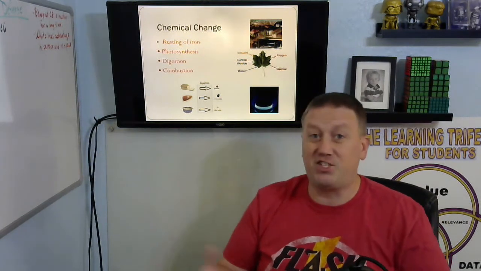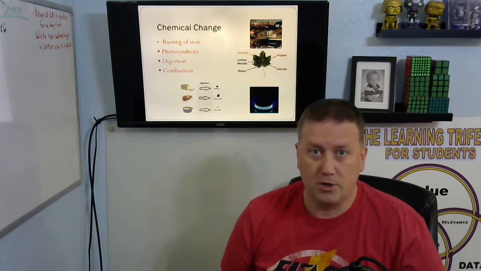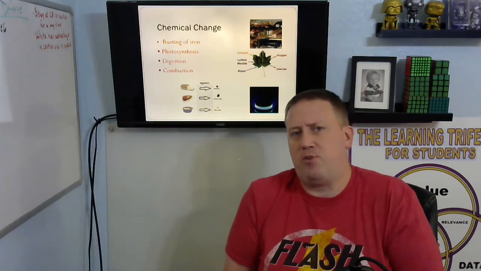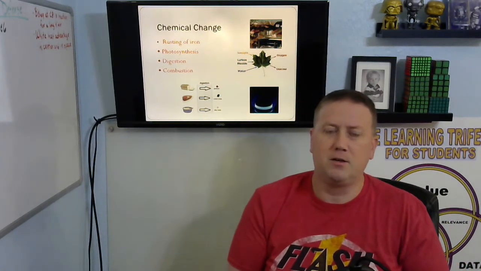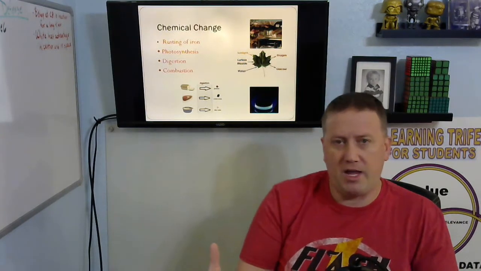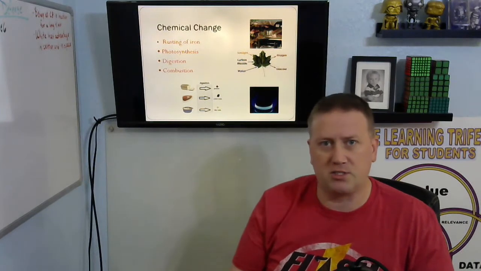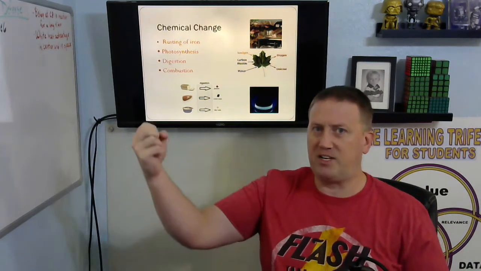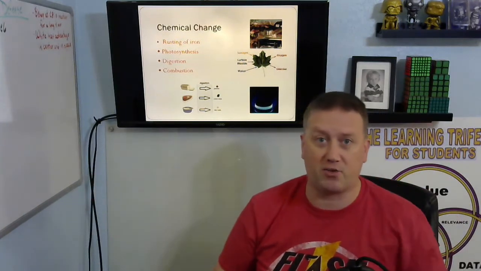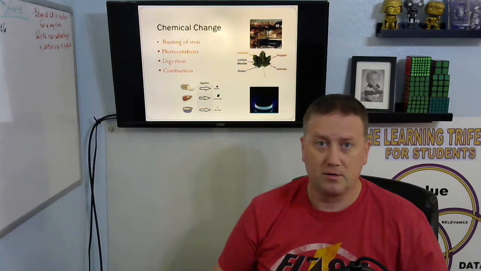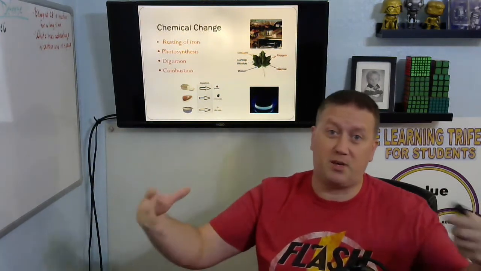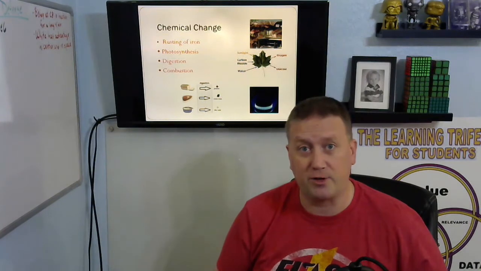Digestion's another one. You eat that food and you have chemical reactions that happen in your gut, in your intestines, and it breaks down the food into its singular components. It may break down polysaccharides into monosaccharides, and it moves that food into your bloodstream so that it can be used throughout your body for energy.